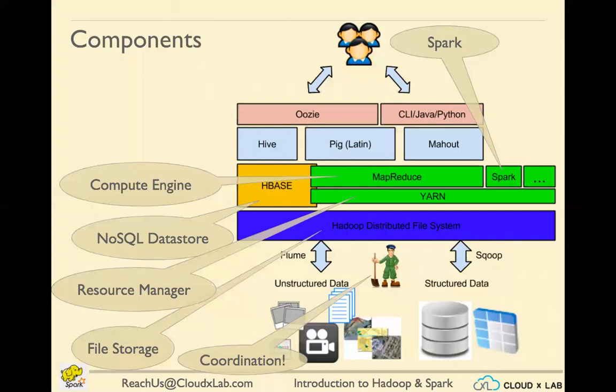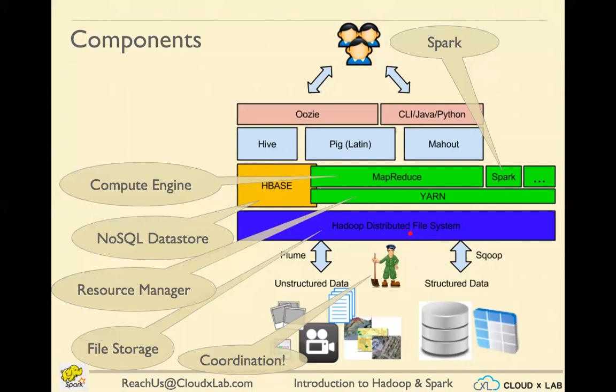That makes it possible to do a lot of fast operations. And HBase stores the data in the Hadoop file system. Just like any database stores the data in the operating system's file system, similarly, HBase stores the data in the Hadoop file system.